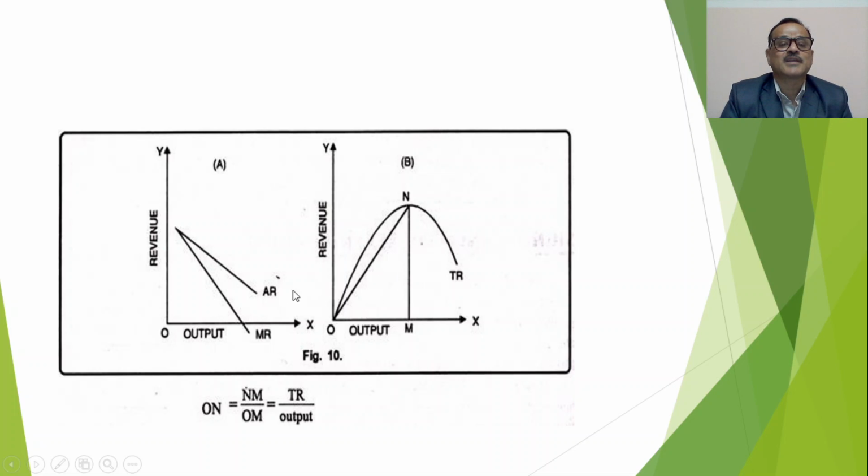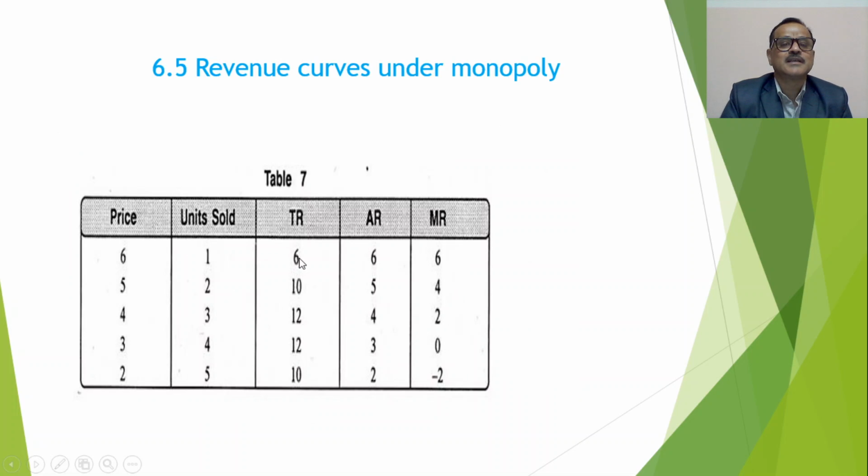From the table you can see AR curve is sloping downward. This is price line also you can see. And MR is sloping downward in a rapid way in comparison to AR. Okay. And TR, you can see TR 6, 10, 12. So TR is increasing up to 12, up to third unit.